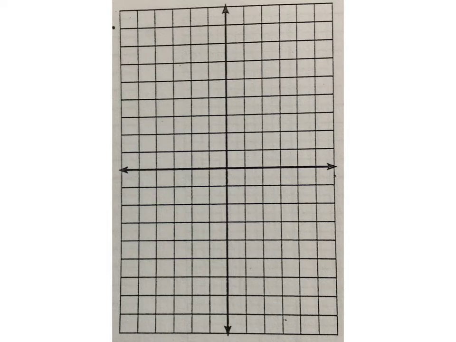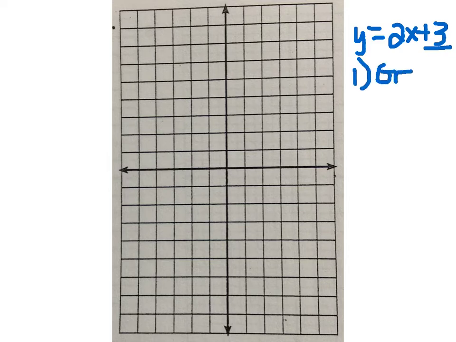Let's say my equation is y equals 2x plus 3. What I always want to do, I know that this is the y-intercept, and therefore it tells me that that's a point on the line. So the first thing I want to do is graph the y-intercept.